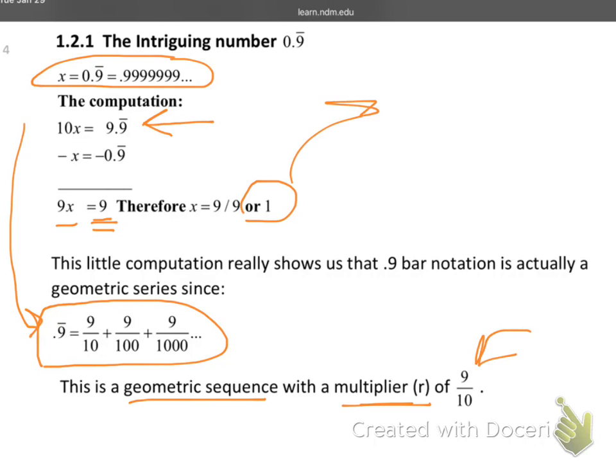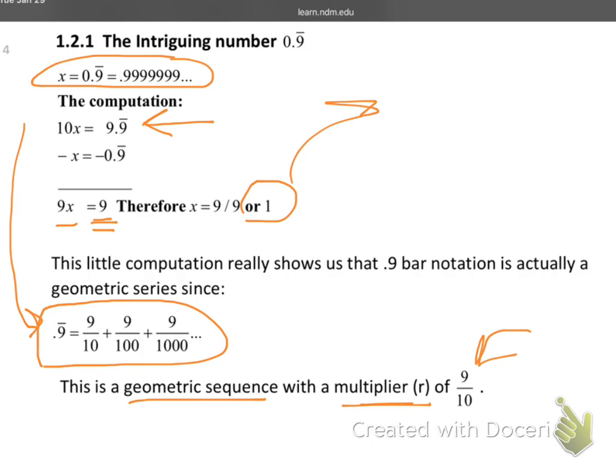So let's go on to the next page. Okay, so I just caught a typo. This 9/10 is not the multiplier. So you probably said, why did she say that? I'll correct it on the hard copy so you won't even see this again. But that multiplier is actually 1/10. So to go from 9/10 to 9/100, you multiply by 1/10.